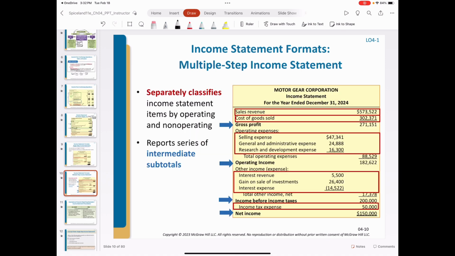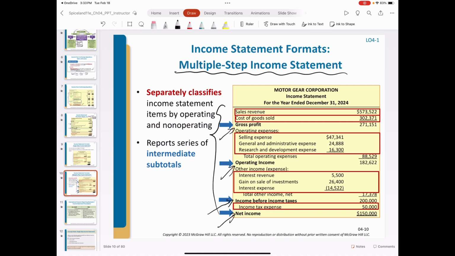If the investors want more detailed information, the multiple-step income statement is more appropriate, which is commonly used. If you check the income statements of all the public companies, they report multiple-step income statements because it provides several intermediate components for the investors to evaluate the company's performance: gross profit, operating income, income before income tax, and net income.